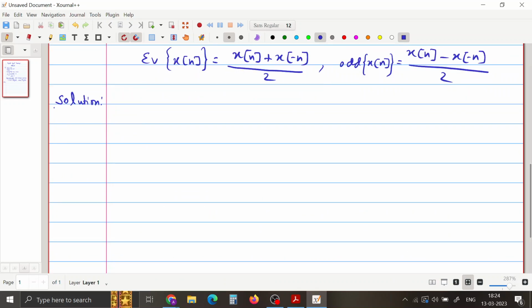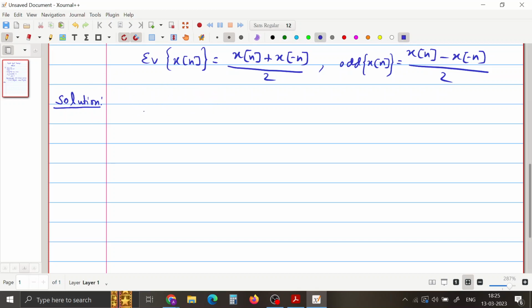So we know from our discussion during the complex conjugation property of the Z transform, if you just recall the lectures, that for x of n being real valued, the real part of the Fourier transform is an even function and the imaginary part of the Fourier transform is an odd function. But before that, let me just write it.